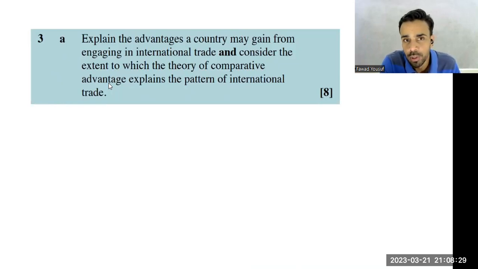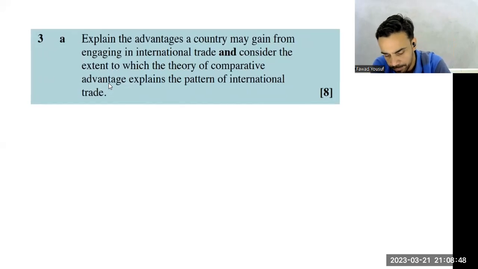So what we're looking for over here is, honestly, for an 8 marker, there's way too much stuff, because of the way they would expect us to break this down. The first part of the question, take care, which is this part.